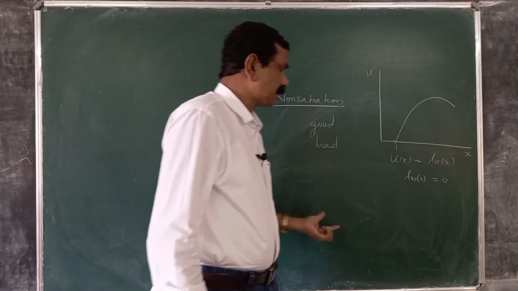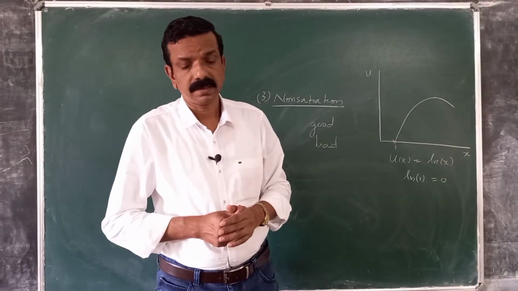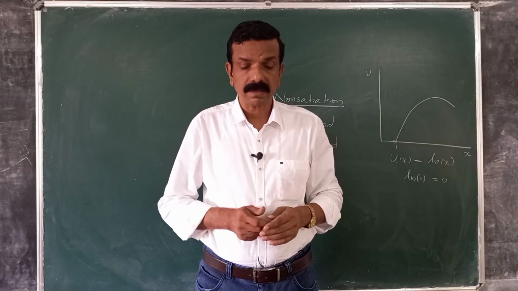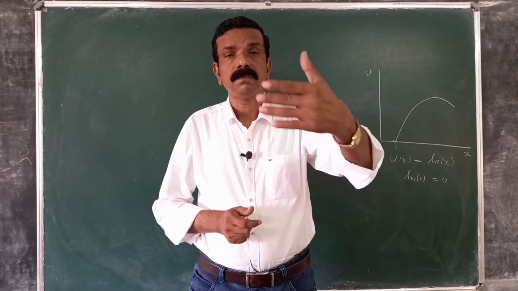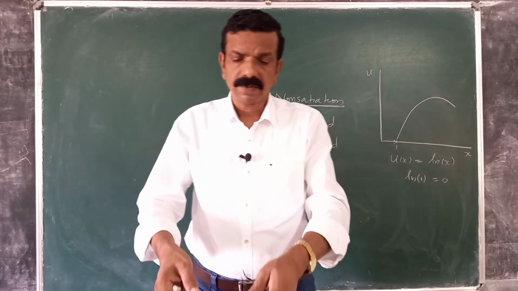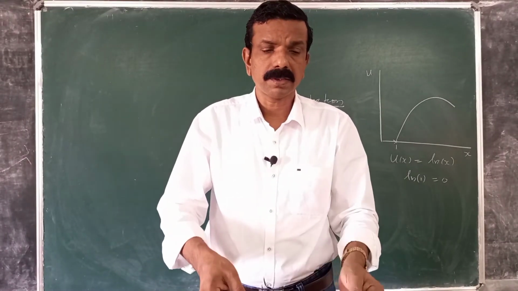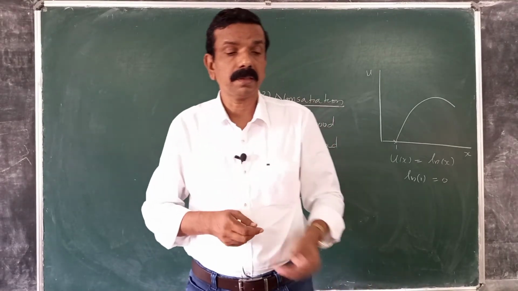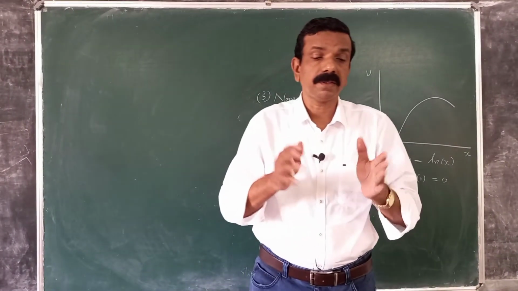So, the non-saturation assumption states that all commodities are good, desirable, as against bad, undesirable. And in the case of a bad commodity, more is not preferred to less. In the case of a bad commodity, less is preferred to more.